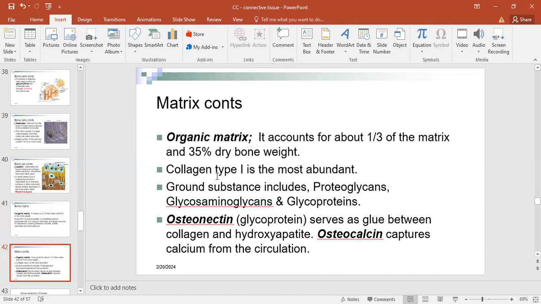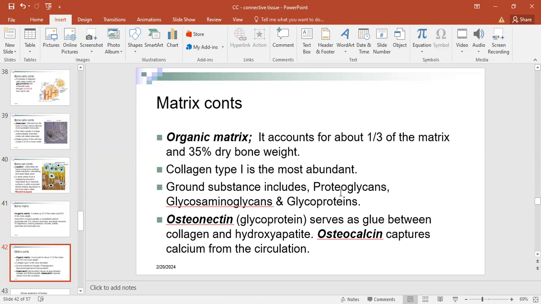And the ground substance is made up of the same proteoglycans, glycoproteins, glycosaminoglycans, just like every other connective tissue ground substance. And then we have these other organic substances, osteonectin. This osteonectin holds everything together in place. It holds together the fibers as well as the ground substance, okay?